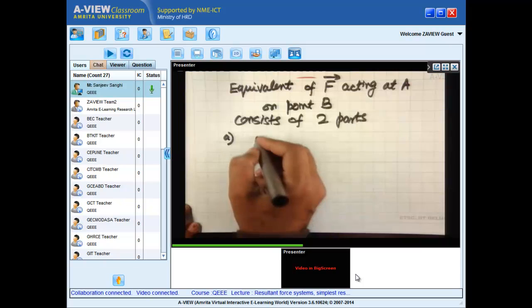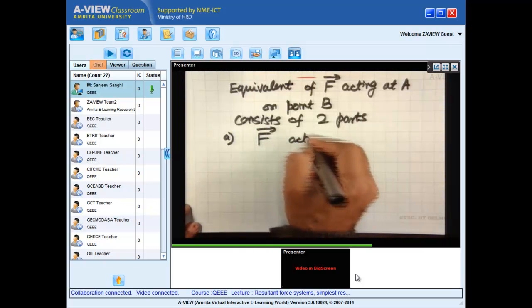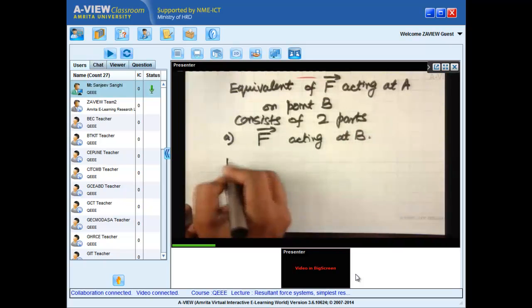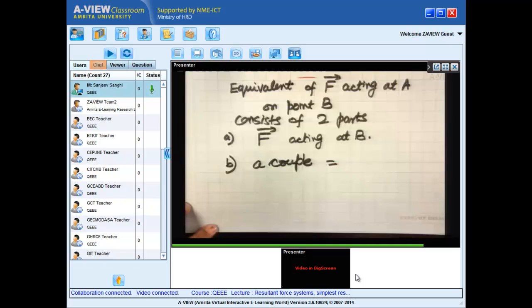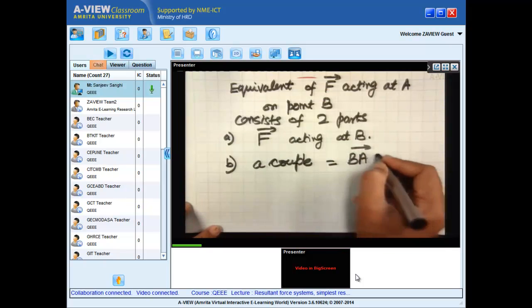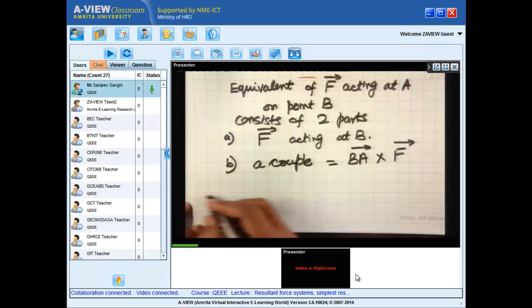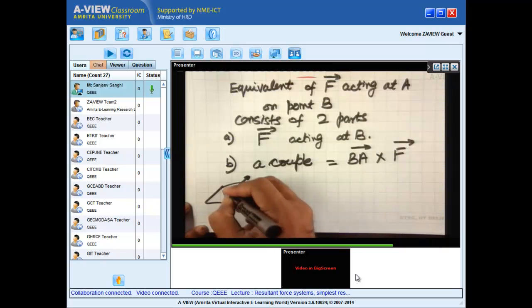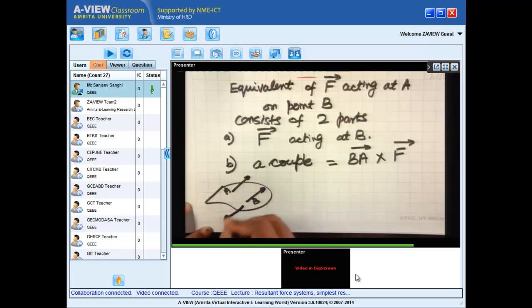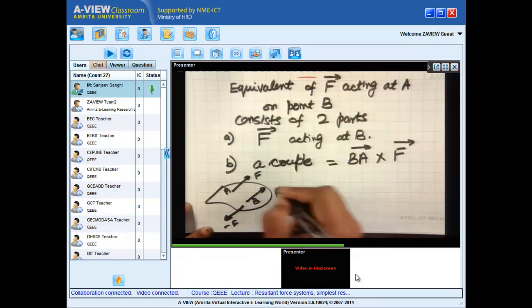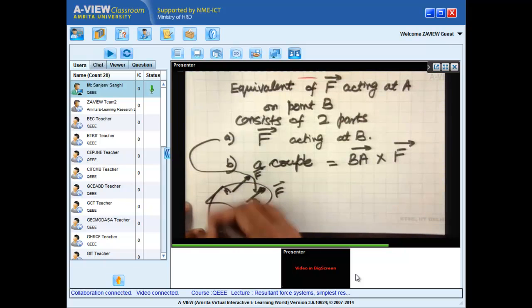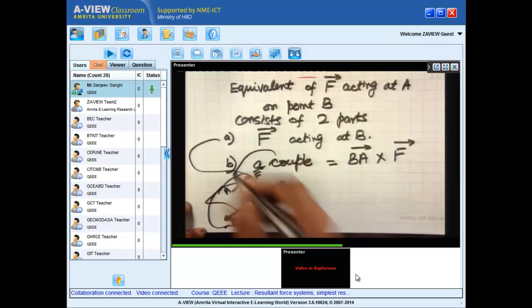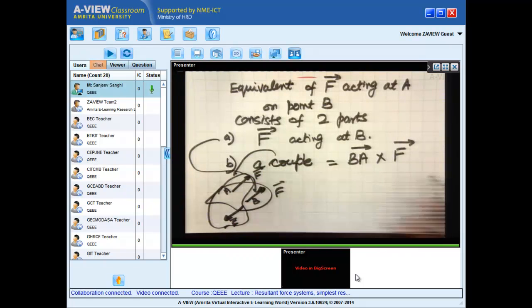The first part is the force F itself acting at point B, and secondly we have a couple, and the couple is equal to BA cross F. If you are getting confused, this is point A, this is point B. At point B I have drawn F and minus F. So the force F acting at B is this part, and these two forces form a couple, and the moment of this couple will be equal to BA cross F. So this is how we work out the equivalents.